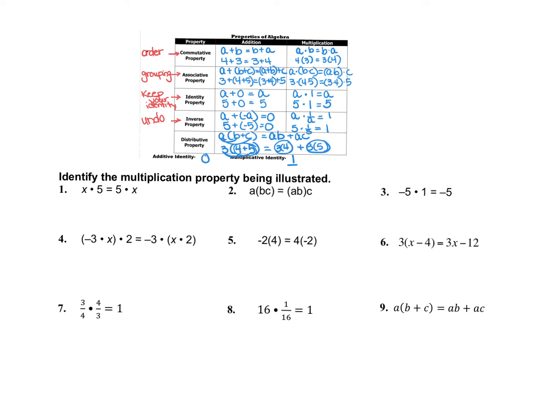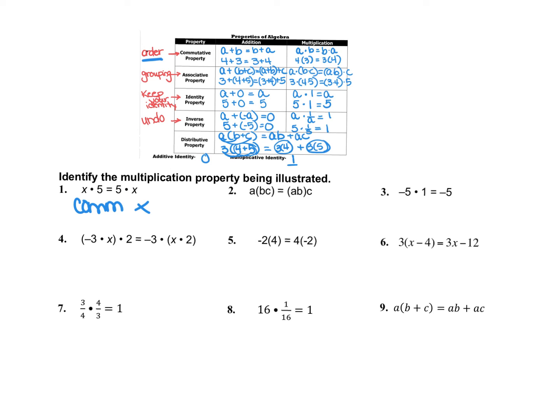So for number 1, we have x times 5 is equal to 5 times x. And notice how the order has been switched. And remember that the order has to do with the commutative property. And we have the commutative property then of multiplication this time. And let's just put a multiplication symbol right there to show that. Now for number 2, I have a times b times c in parentheses, and then I have the ab in parentheses times c.